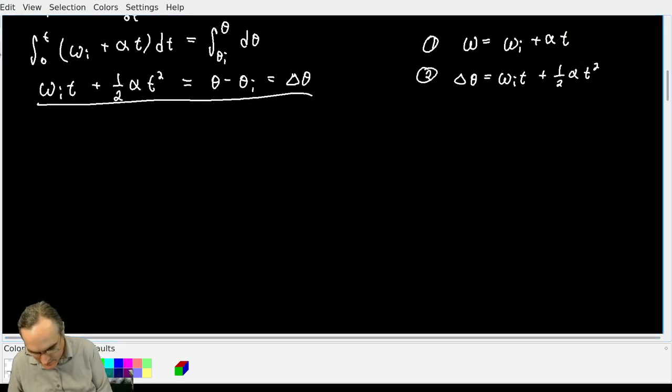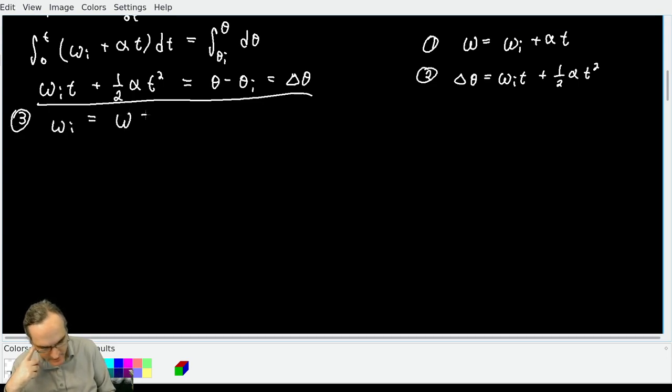All right, so to get equation 3, we're going to have to solve one equation for omega initial. So omega initial is equal to omega final minus alpha times t. We're going to substitute this into equation 2. So now we're going to get delta theta is equal to omega times t minus alpha t squared.